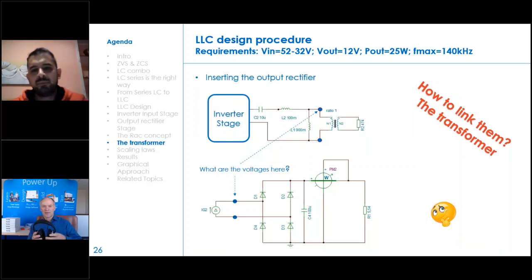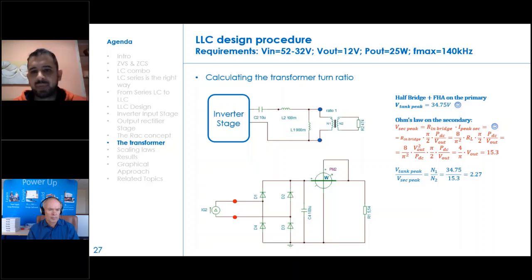Actually, we have built our LLC tank, we have placed the inverter stage, we have placed the secondary side. Now, how can we link the two stages by placing the transformer? Again, how to get the turn ratio here?